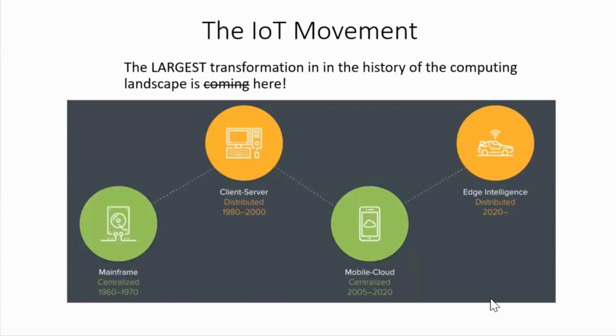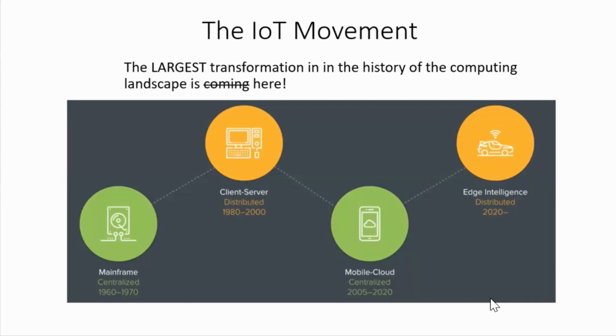Everything was in one place. Then client server came along and we became distributed, right? All the processing power and decisions were on the PCs, from the 90s to the 2000s. Then along came the cloud, right? So everything became centralized again, back to the cloud. That's the more prominent, more recent one. But now where we're headed, 2020 and beyond, is edge intelligence.